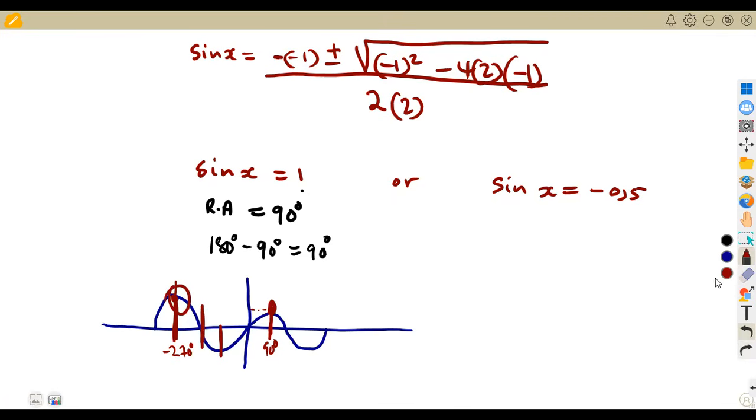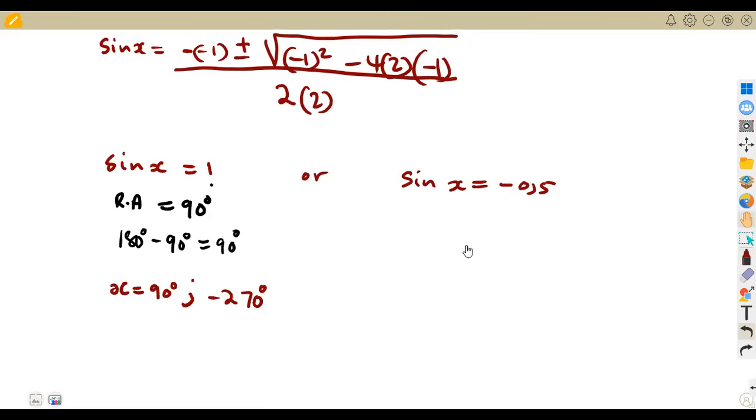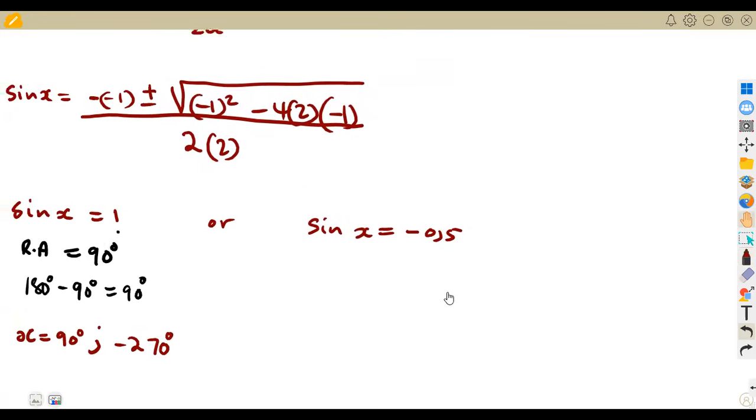So it means minus 270 degrees is part of our solution. So our x for this sine can be 90 degrees, or it can also be minus 270 degrees.